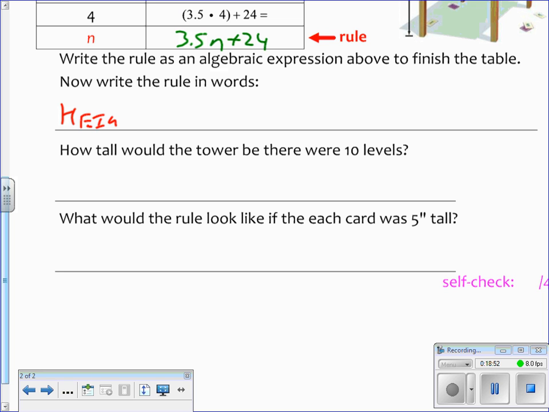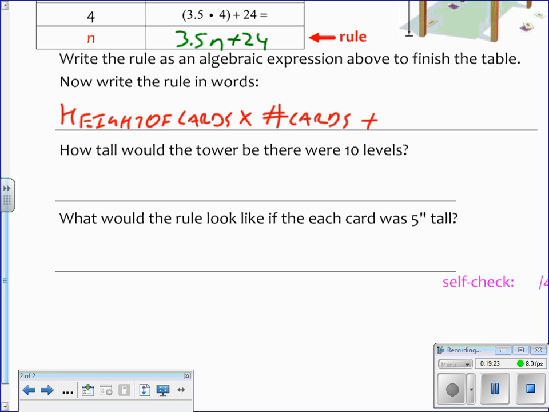It's height of cards. And then n stands for the number of cards times the number of cards plus, and I'm kind of shorthanding here, putting in symbols, mixing them just because of lack of room.